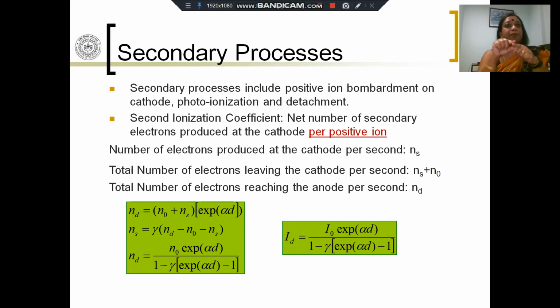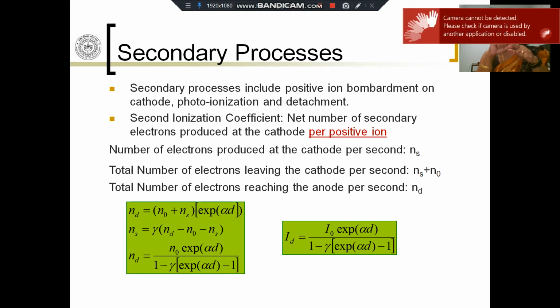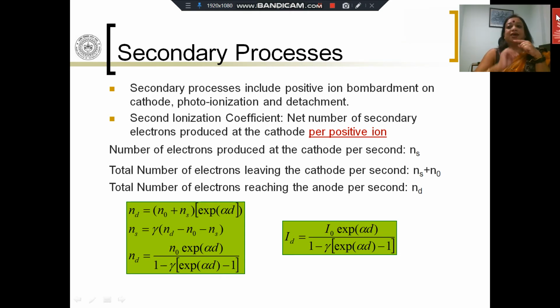Every ionizing collision that happens within the electrode gap will result in the production of an electron which will move towards the anode. It will also result in the production of a positive ion which will move towards the cathode. And these positive ions will also be accelerated by the external electric field, and they may strike the cathode with considerable momentum. As a result, they may cause secondary electron emission from the cathode.